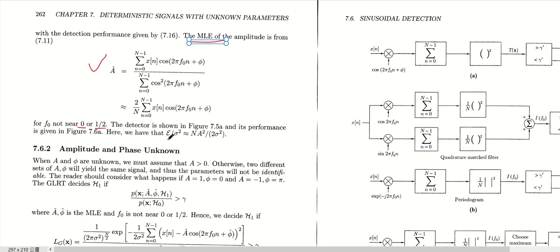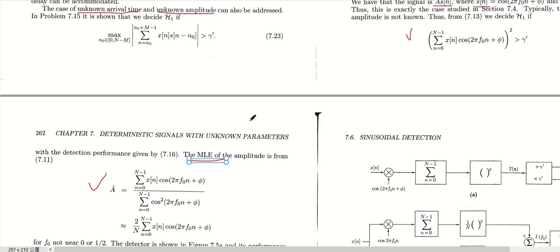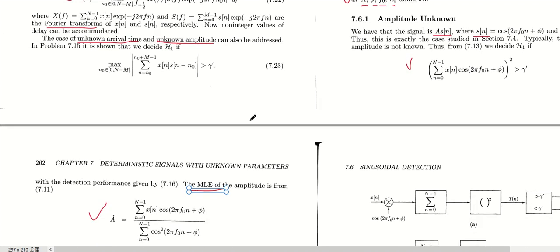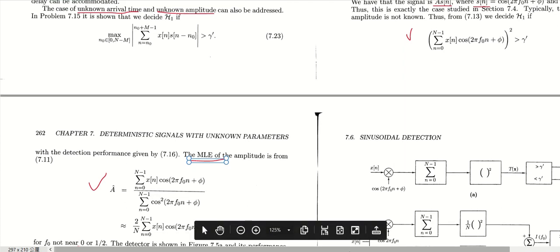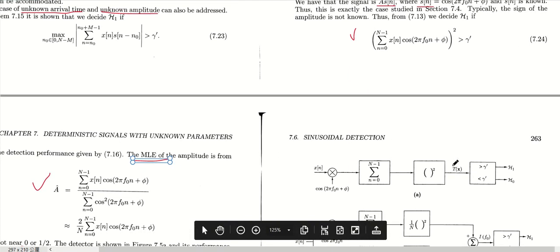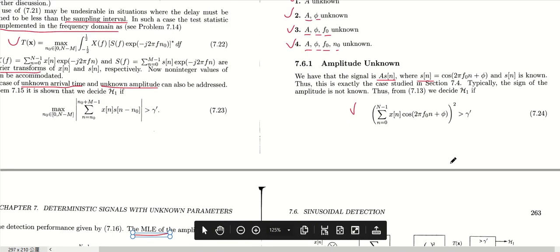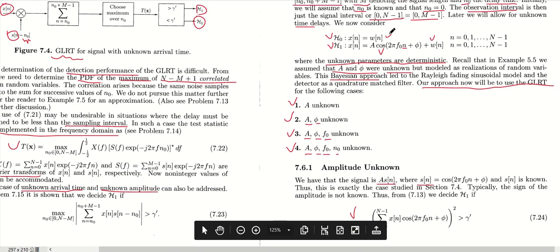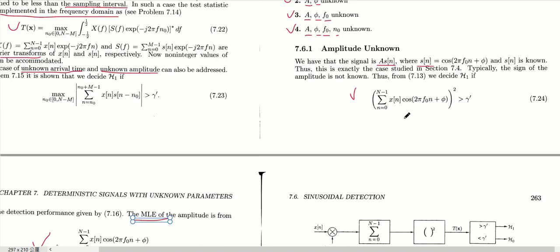Here we have something like an SNR. Let's review a little bit. If you're given that signal model, you do this and then decide H1 if larger. If smaller, then you decide H0.